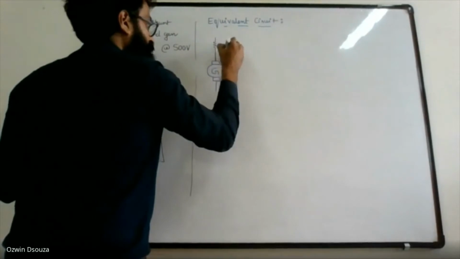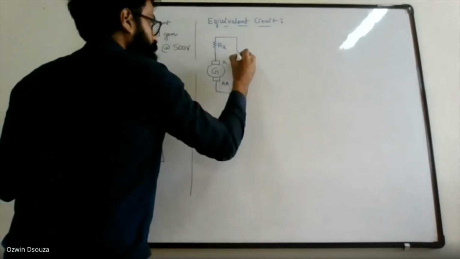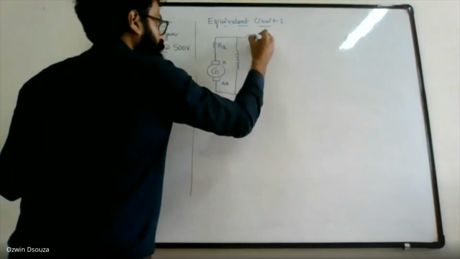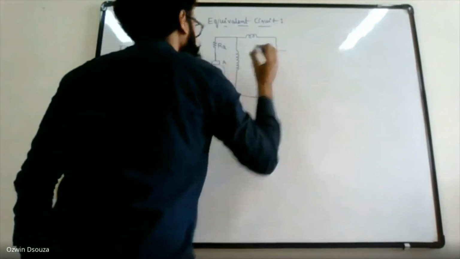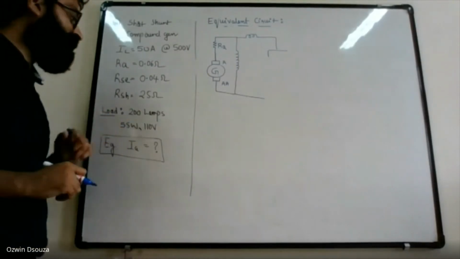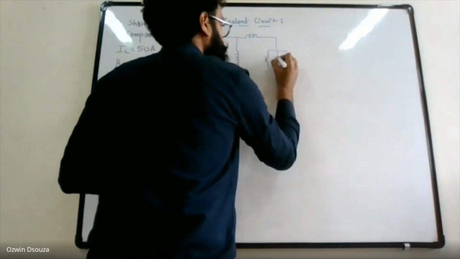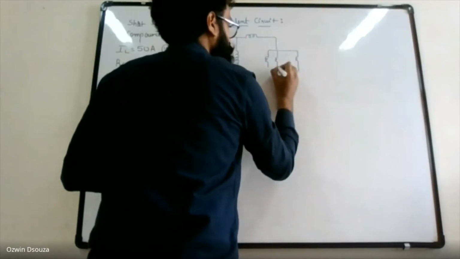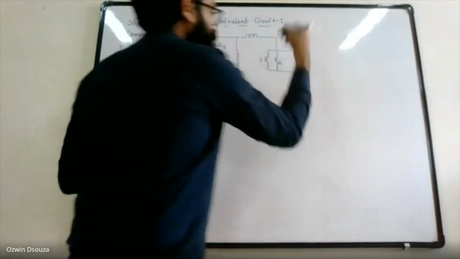So this is your armature resistance, this is your shunt field followed by series field, and this is your load. The load consists of 200 lamps, each having a rating of 55 watt, 110 volts. So this is lamp 1, lamp 2, and so on and so forth, first lamp, second lamp, and this is the 200th lamp.